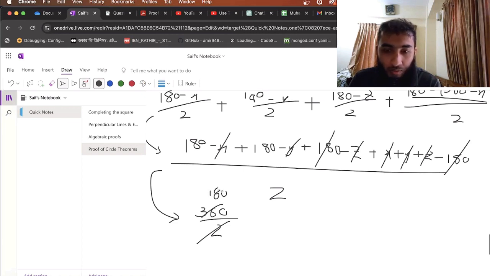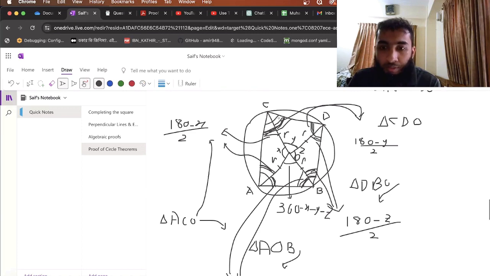So the sum of this whole angle and this whole angle is 180 degrees. You can similarly prove that the sum of the other two angles is 180. The result will be the same.